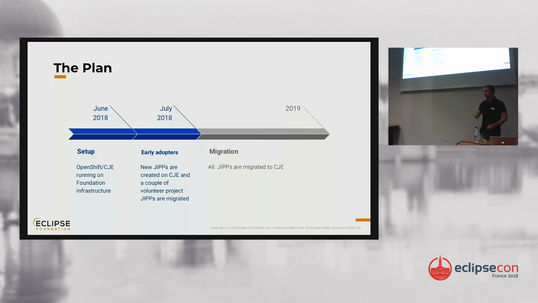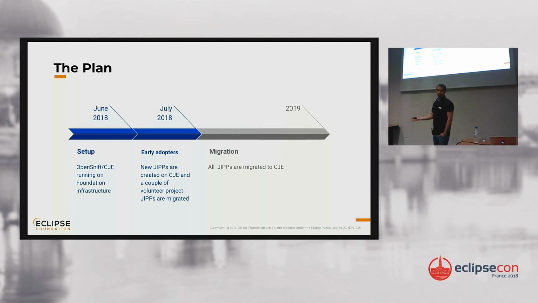And we will also start to evaluate how to migrate existing projects, so existing HIPPs, to this new infrastructure. It's quite challenging because we have a bunch of them. So we want to start with volunteers first to learn what the caveats are and how to automate the whole stuff.